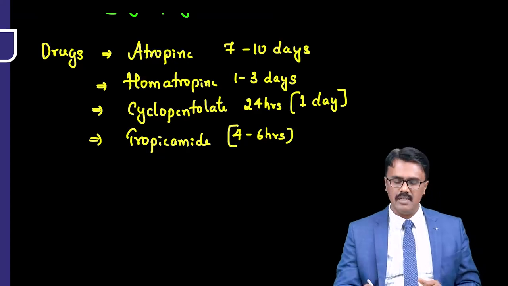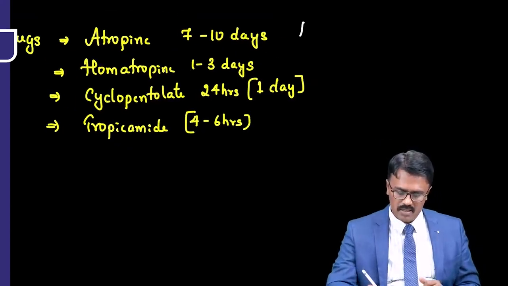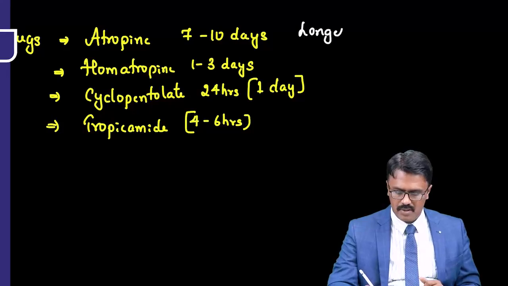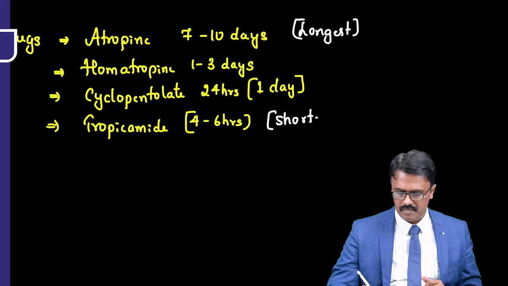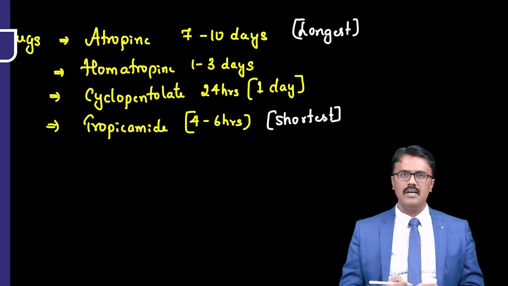The longest acting they can ask in the exam, the longest acting is atropine, and they can ask you the shortest acting mydriatic, tropicamide. Suppose I come to your clinic and you are sitting in the OPD, what will you give? Obviously tropicamide, because it's very short acting and within 4 to 6 hours the blurring of vision will not be there.